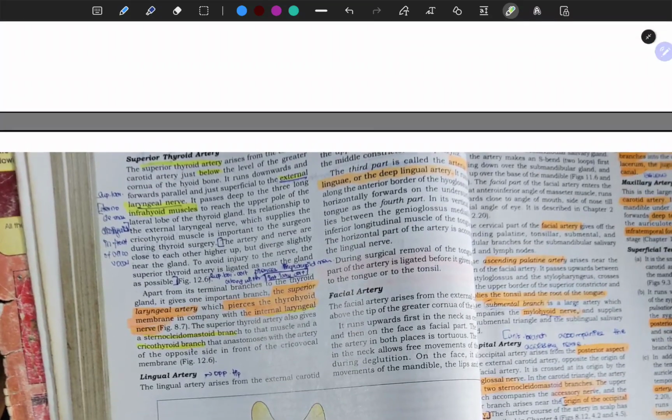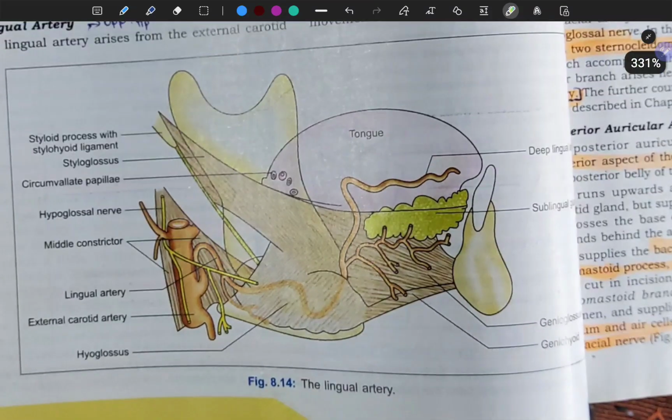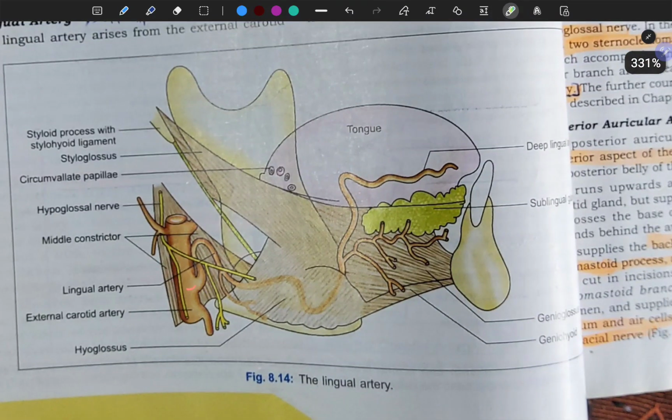A very important anatomical landmark: the lingual artery ascends and goes through the hyoglossus muscle, with the mylohyoid muscle and the geniohyoid muscle, which arises from the genial tubercle and attaches to the hyoid bone.